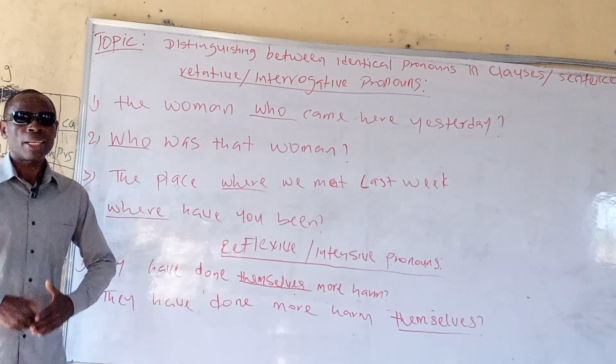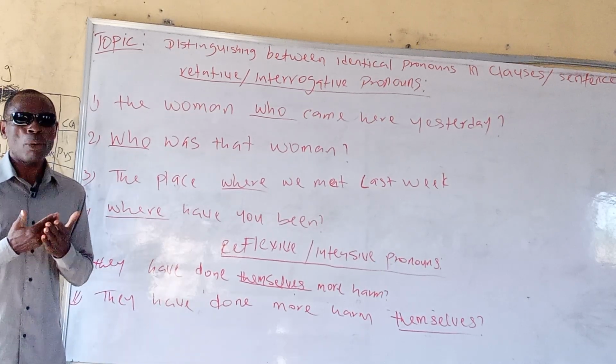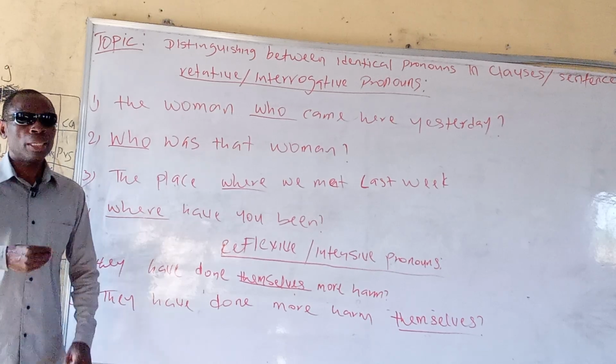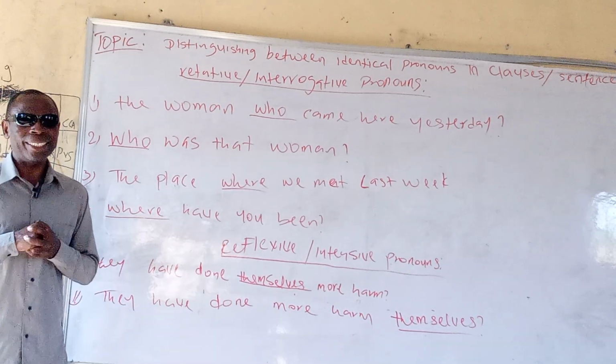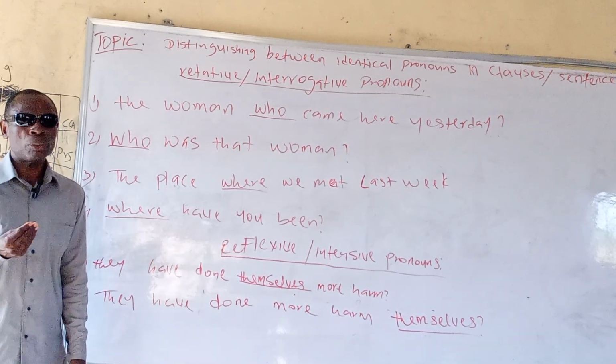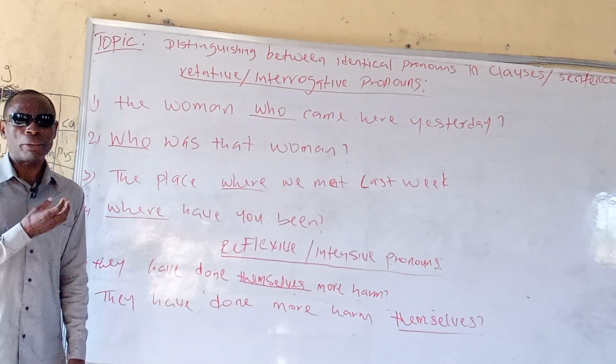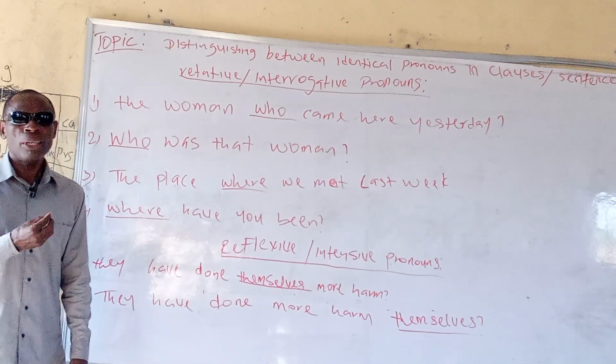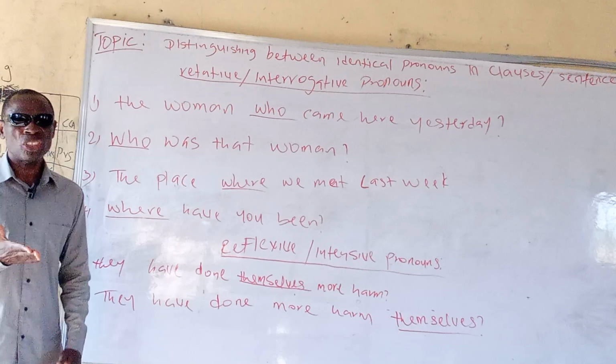Sentence 2. They have done more harm themselves. The first question we want to ask here is, is themselves reflecting the subject of the verb as the same object of the verb in the sentence?